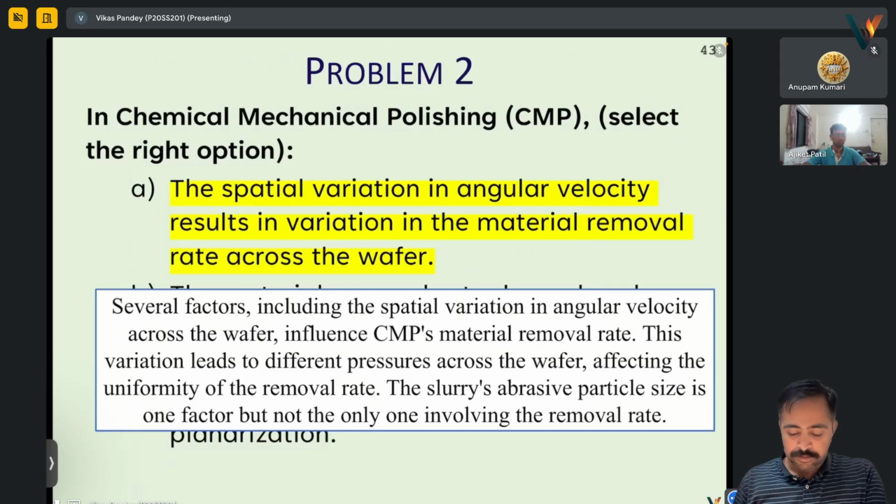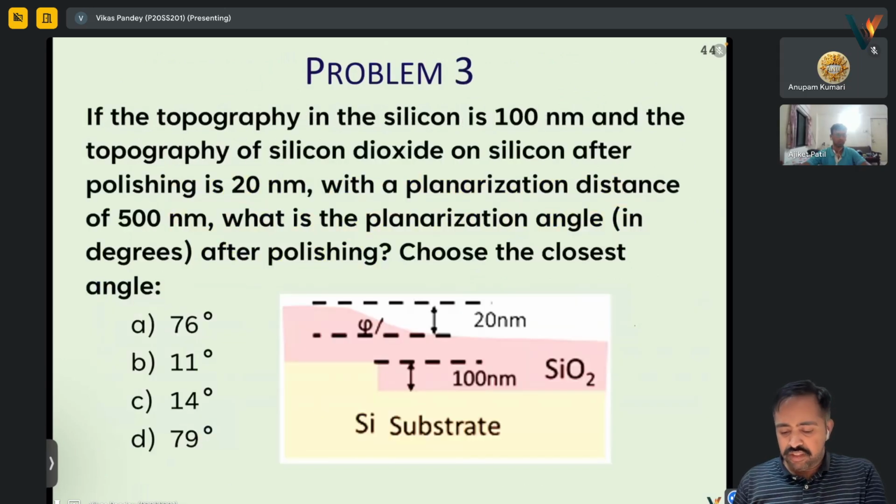Okay. Can you see this image? Yes. This topography is 100 nanometer, and the topography of silicon dioxide on silicon after polishing is 20 nanometer.